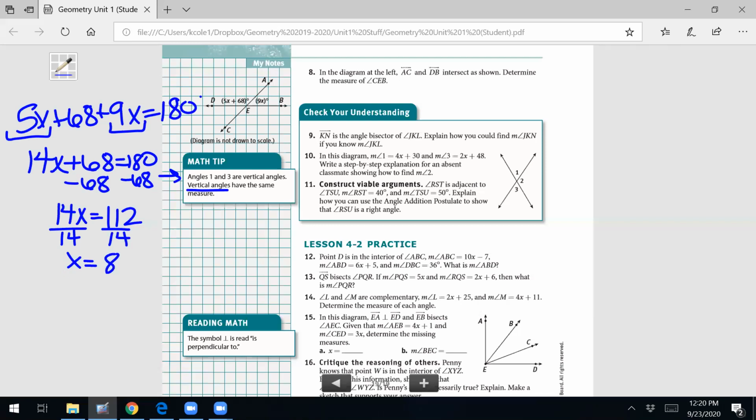All right. So x is 8, but our question is, what is the measure of CEB? So what do we do? That's right. If we plug it into this one, we will know that it's going to be the same. It will be congruent because they are vertical angles. So what's 5 times 8? What's 40 plus 68? So it will be 108 degrees.